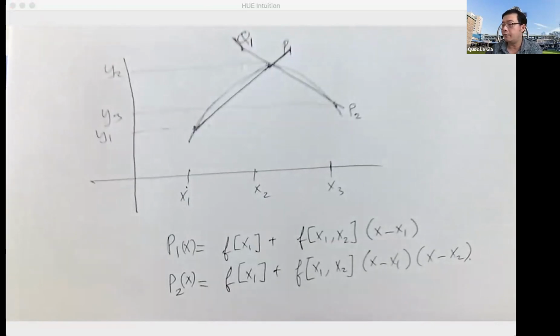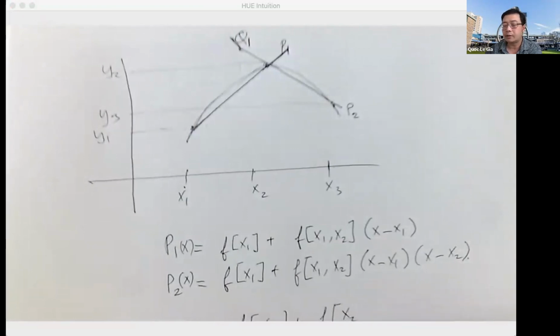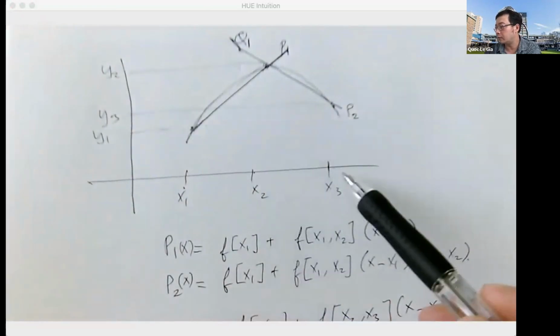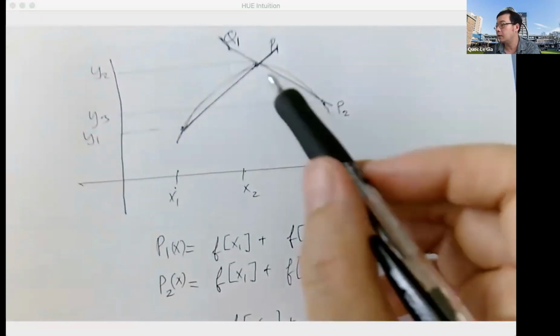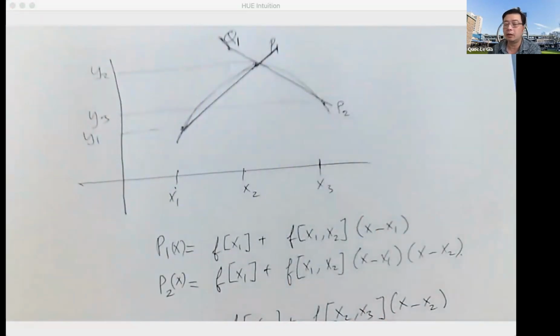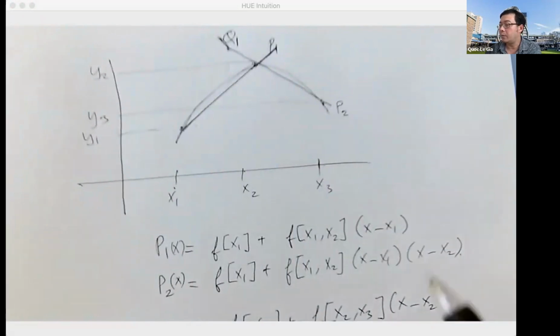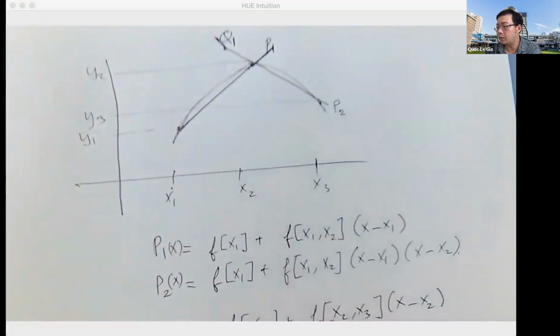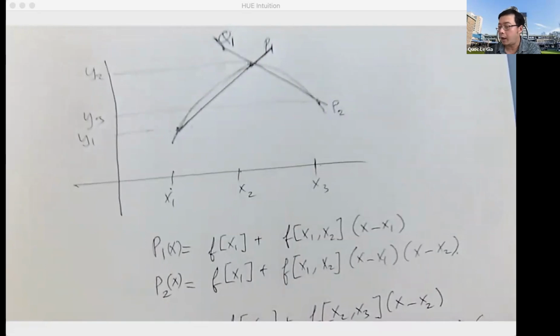It's just f of x2 plus f[x2, x3] times (x minus x2). Remember we construct it over x2, x3. Then you got Q1. And then P2, because you construct from the right, will be Q1 plus f[x2, x3, x1] times (x minus x2)(x minus x3).